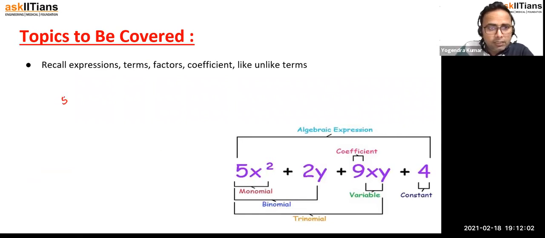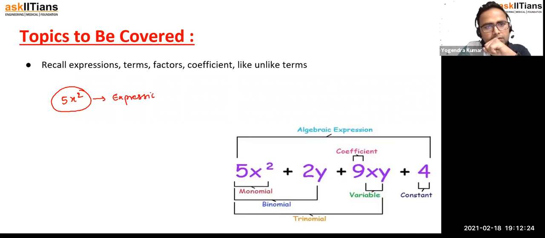If I just write 5x square, what do we call it in mathematics? We read it as 5x square, but actually we call this an expression.